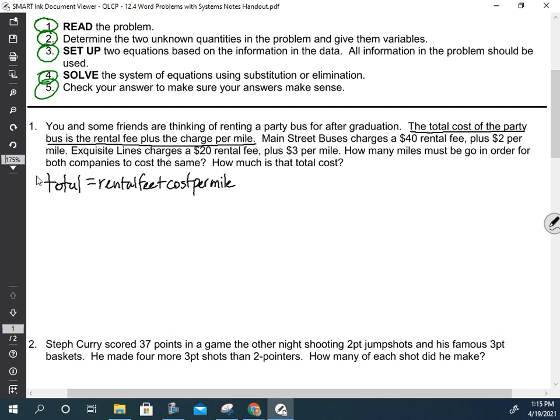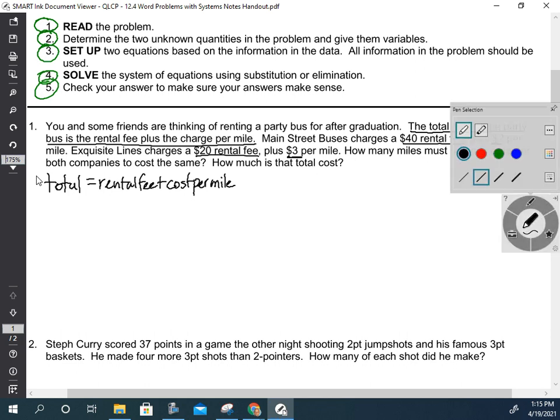So let's start going through the problem and look at what's missing. So rental fee, they told us rental fees. So it's not like we're missing that. Charge per mile, they told us how much it costs per mile.